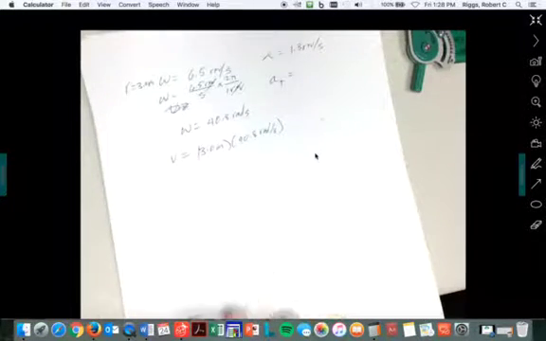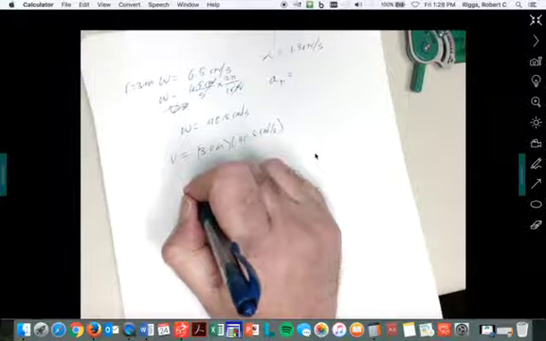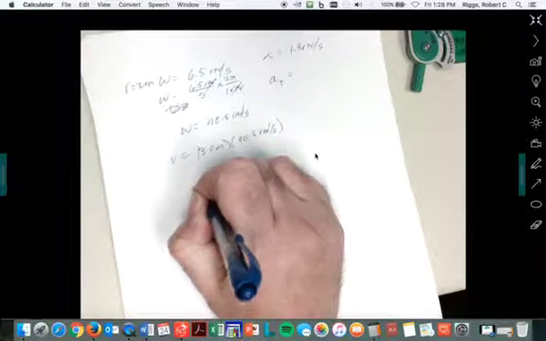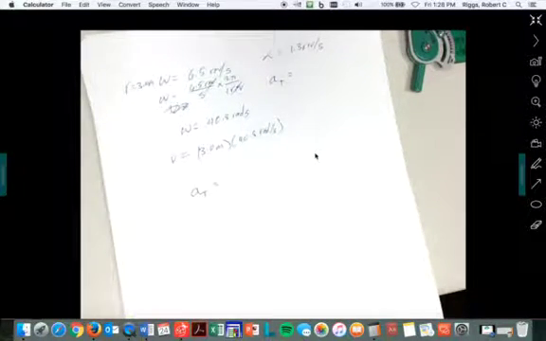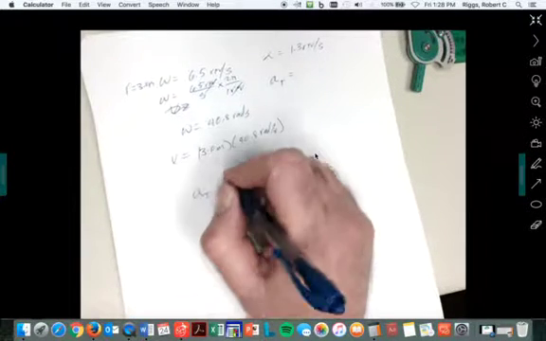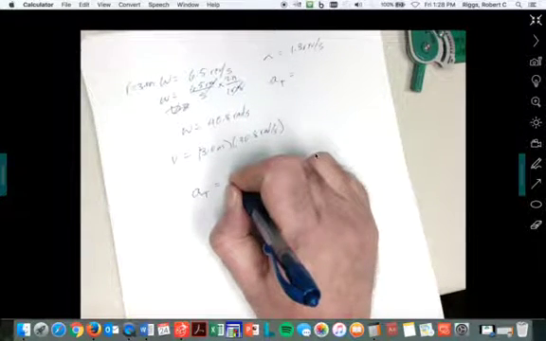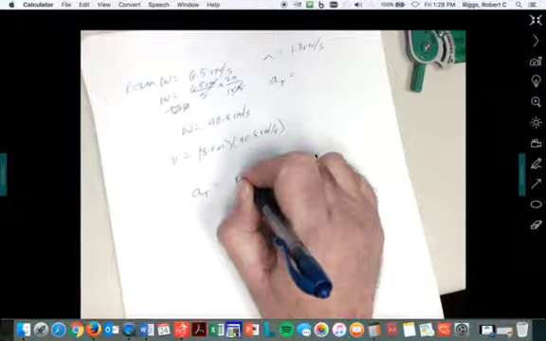Now, the tangential acceleration is a little bit different. The tangential acceleration is equal to r times alpha.